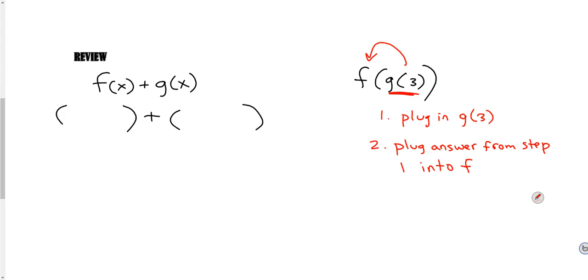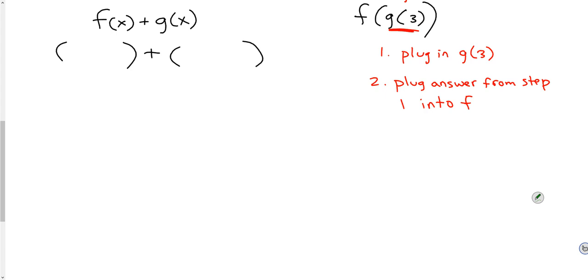Oh, I forgot. How about this one? I don't remember if this one's on there, but we should probably talk about it. What if it says this? What does that mean?